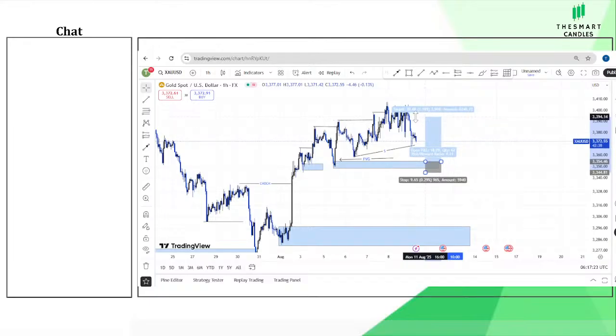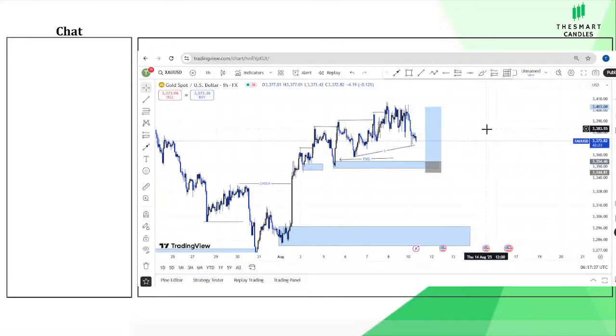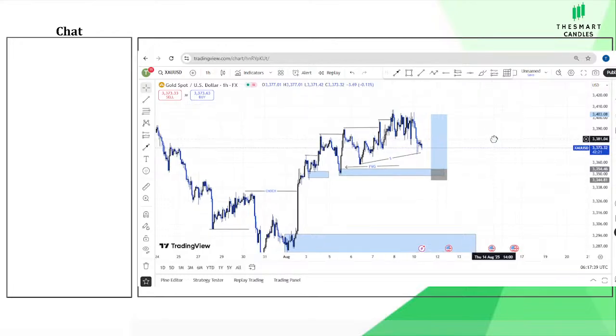You can possibly have 1:4, let's say, targeting this high. So these are good buyers, and we should be looking out for possible 1:5.